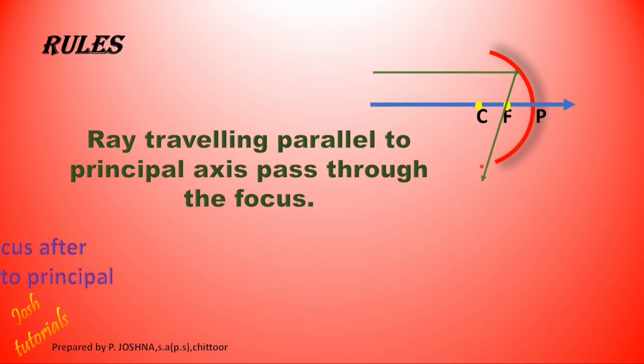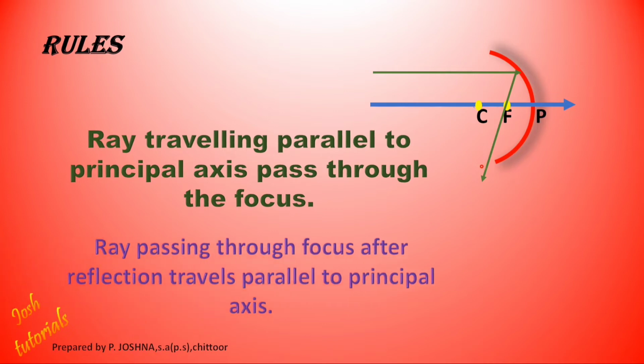point. Next, another rule, and it's a simple rule, is the ray passing through the focus. If any ray passes through this focus, its reflection travels parallel to the principal axis.